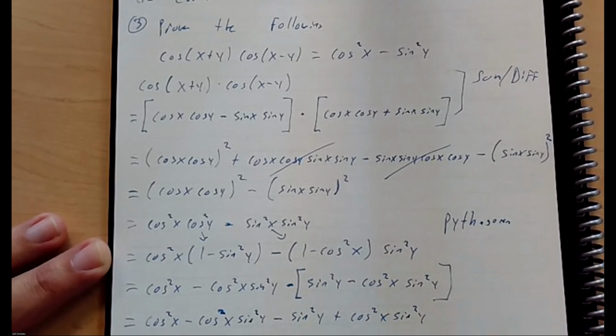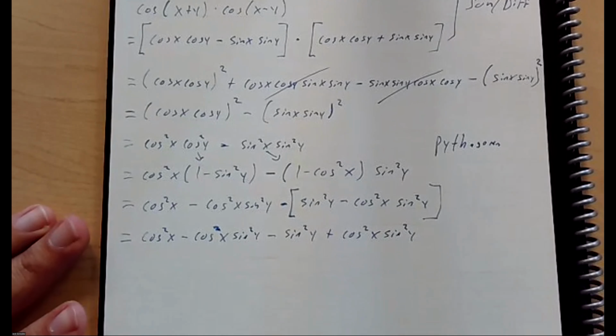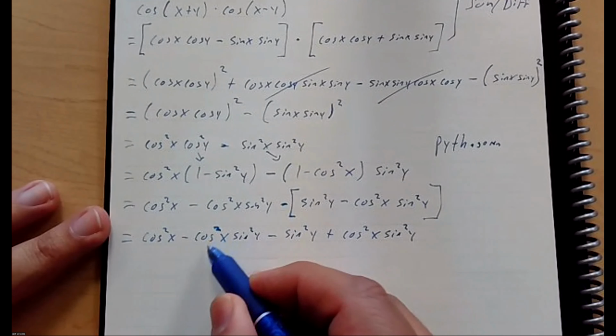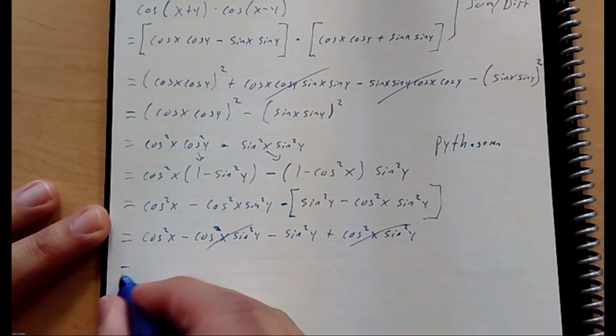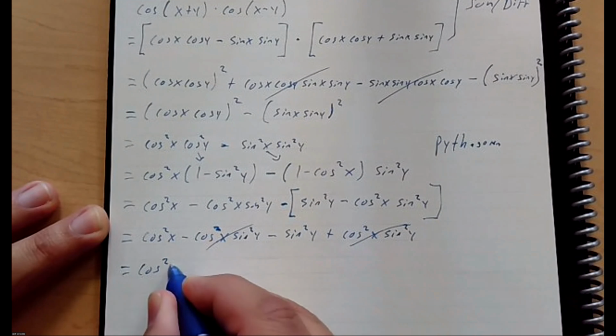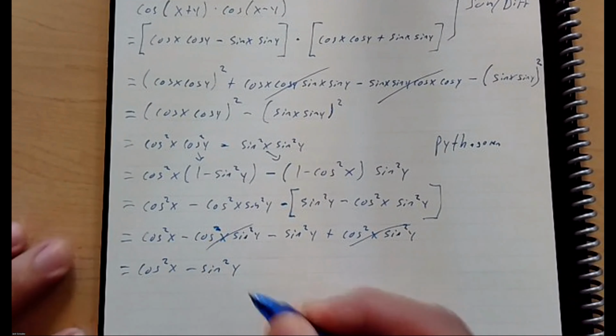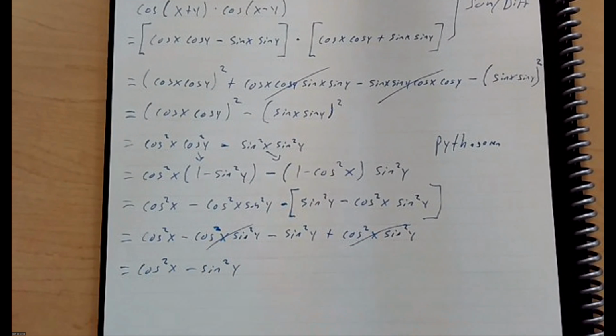So the signs swap right there. So notice they're going to cancel, right? Just like we wanted. These are gone. So as we wanted to show, all this garbage is equal to the right-hand side. So this is a proof using the sum and difference of angles.